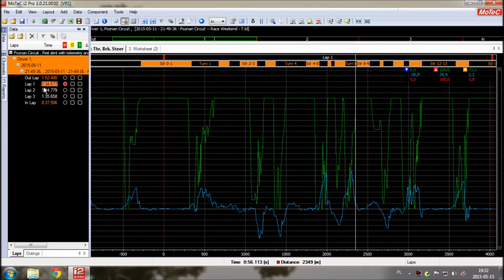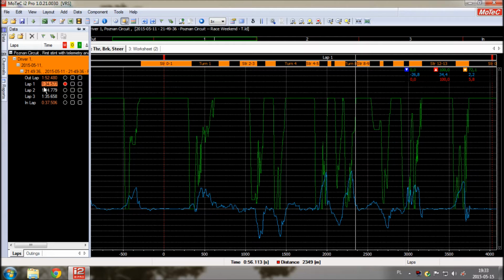So to make more laps and try to build up the speed, so with each lap he should do better lap times.